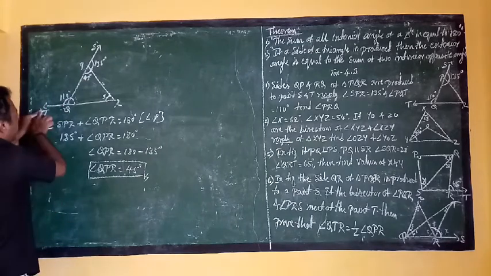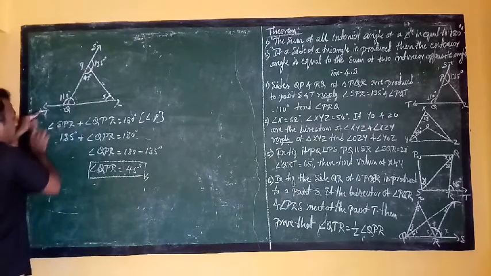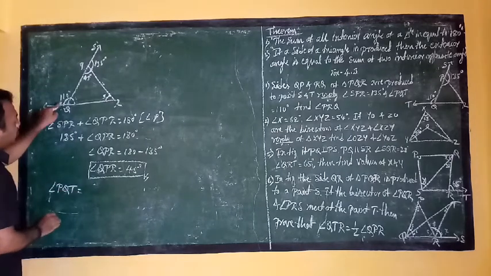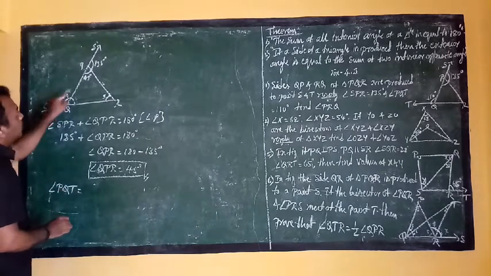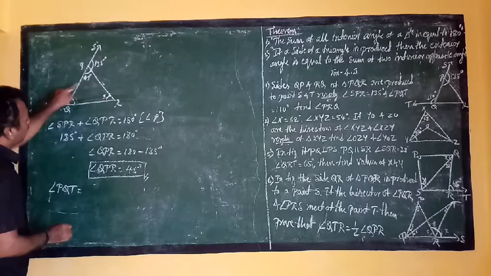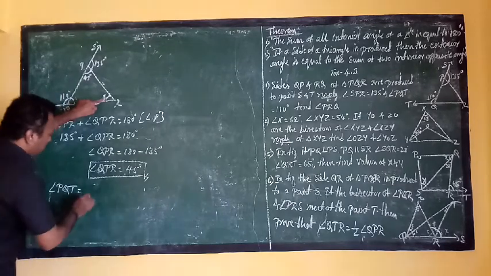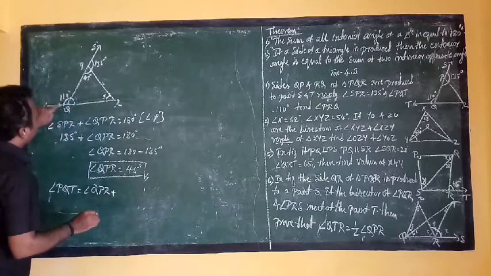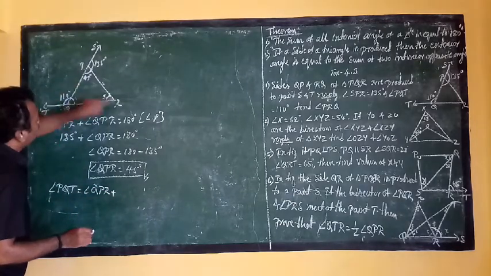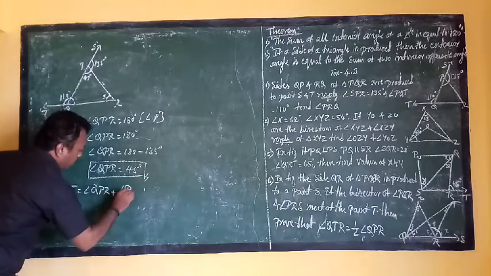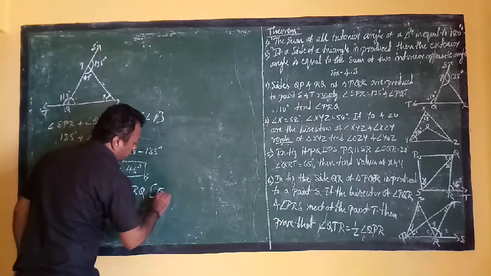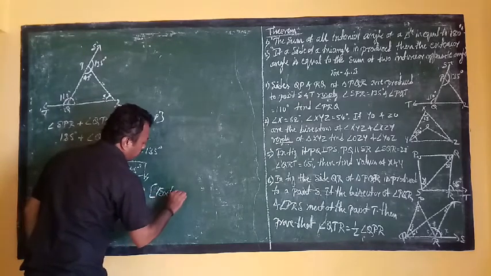Here students, angle PQT is the exterior angle. This exterior angle is equal to the sum of the interior angles. What are the interior angles? QPR plus PRQ, because of the exterior angle property.